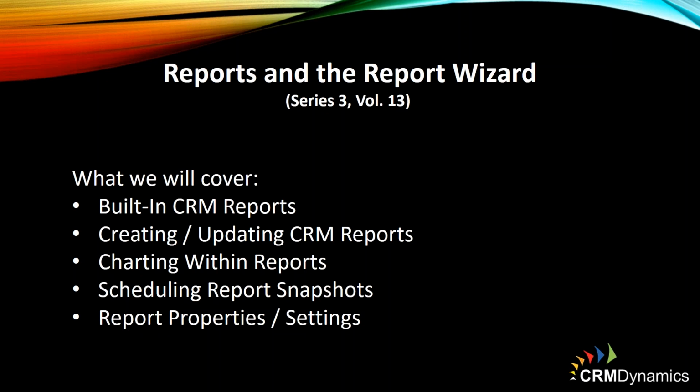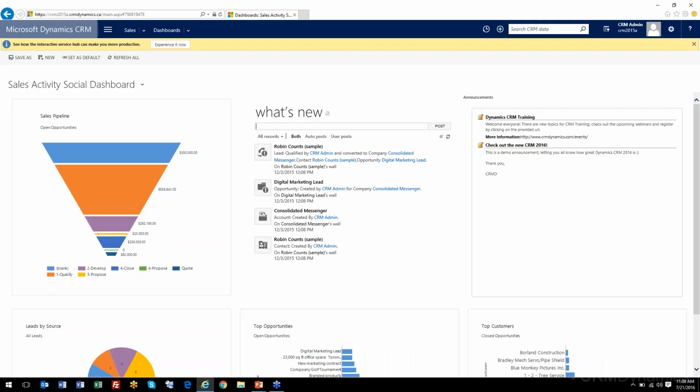The topics in particular we will be looking at are, first and foremost, what are the built-in CRM reports? What reports come out of the box natively inside CRM, already done and completed for you? Then we're going to move on to creating and updating your own custom CRM reports. Then we're going to go to charting. So how would you add a chart and how are charts displayed within reporting?